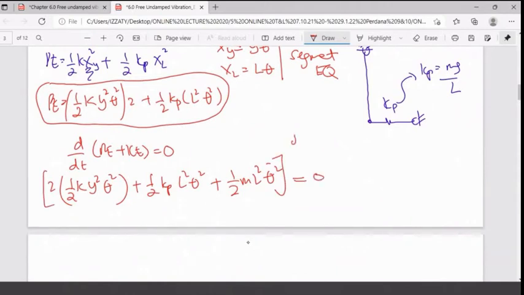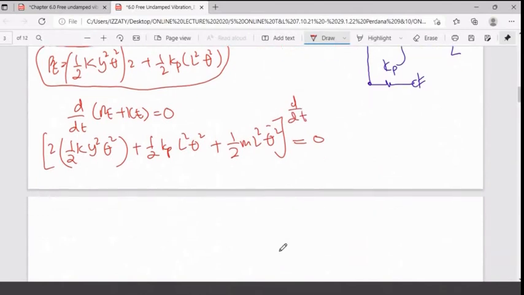Of course you have 2 multiplied by 2. This one is half, then you have y power of 2, theta becomes theta dot, plus this one you have half, so you have L power of 2 theta here.